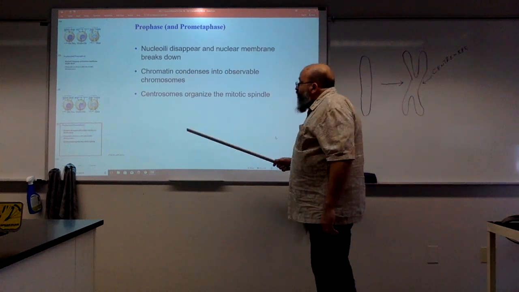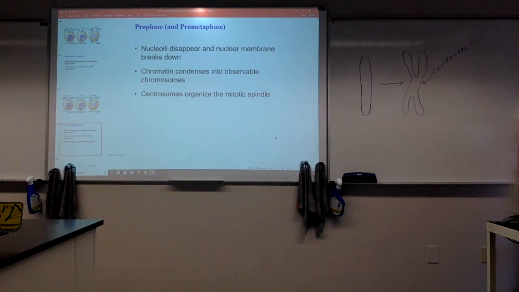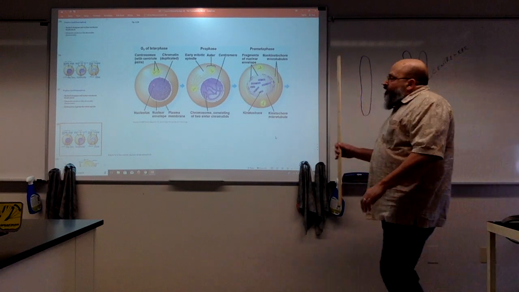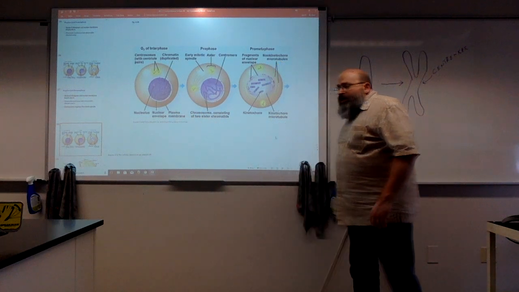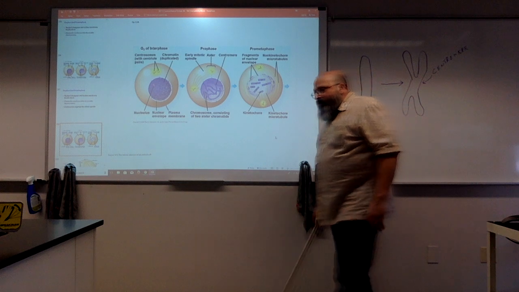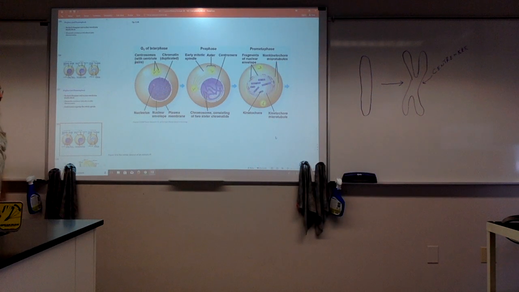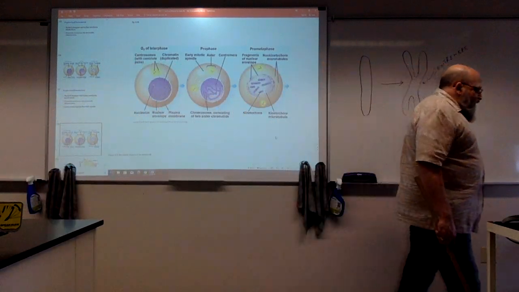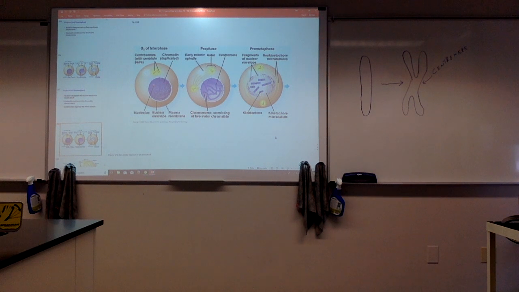The centrosomes will organize something called the mitotic spindle. I introduced the term spindle in lab. We're going to look at it now. You see these centrosomes here? By the way, taking away the possibility of plant cell walls and chloroplasts, would this be a plant cell or an animal cell, and how can you tell?